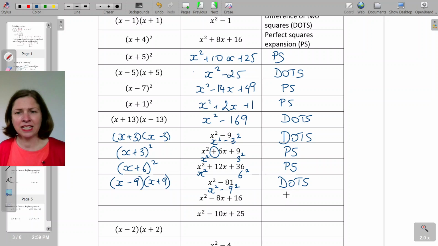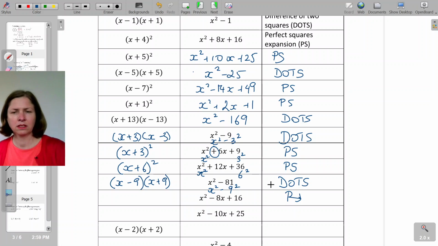3 terms, it's a perfect square. But be careful here, I've got a subtraction. So I've got x squared and I've got 4 squared. And here I've got x times 4 doubled, which gives me 8x, and it's subtracted.